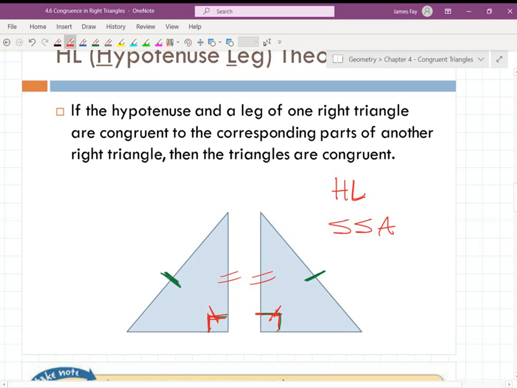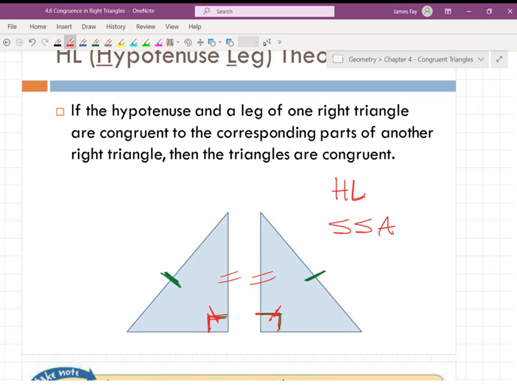But earlier in the week we said side-side angle was not a condition that guarantees congruence. However, side-side angle does guarantee congruence if you're in a right triangle. Does that make sense?